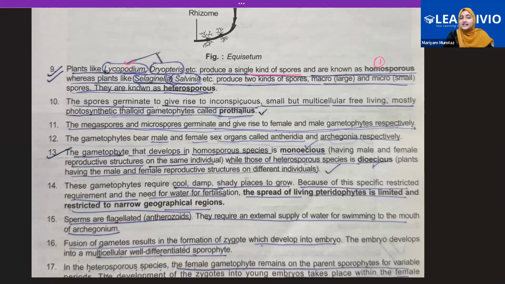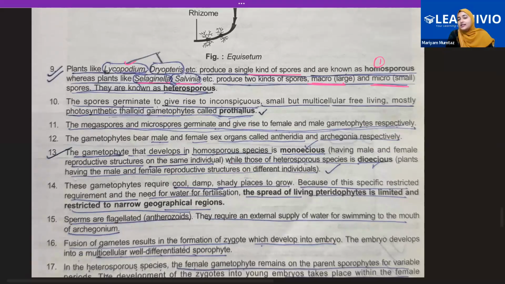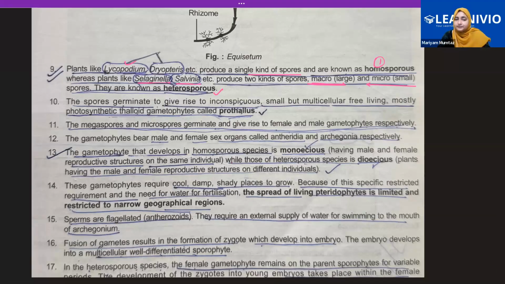Whereas plants such as Selaginella and Salvinia produce two types of spores. One is really large, called macrospores, and the small ones are called microspores. They are known as heterosporous. Hetero means different. Sporous refers to the spore producing capability.